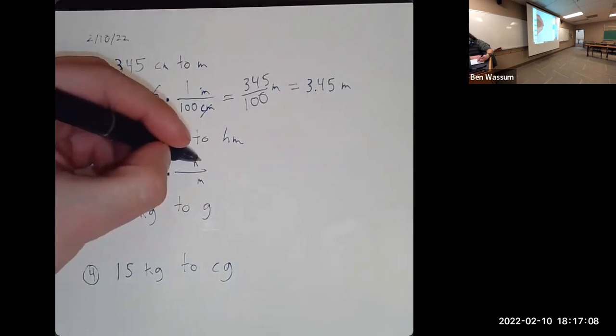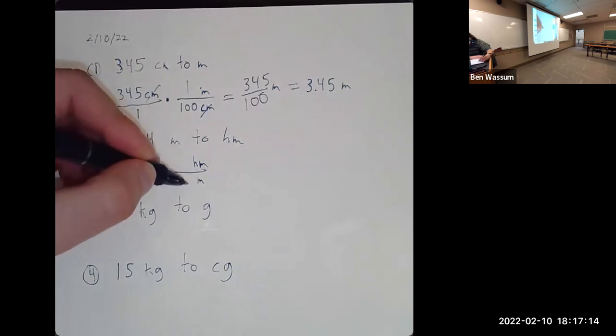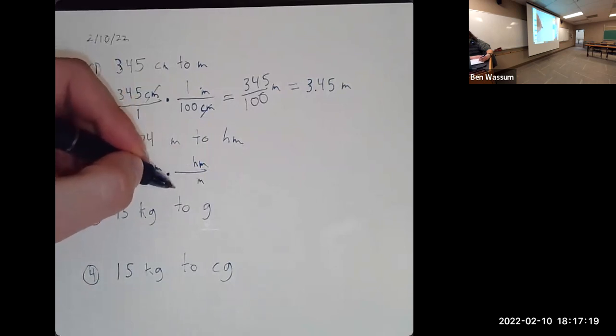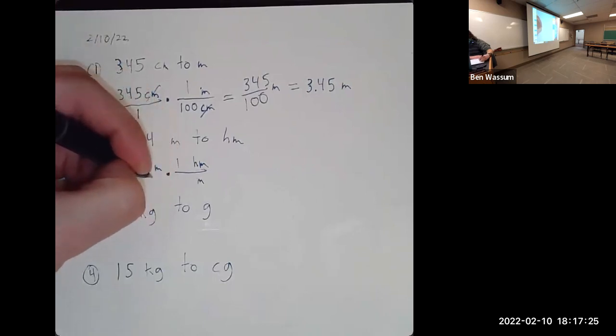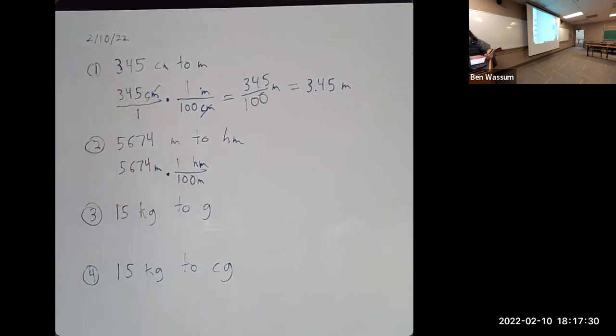We're converting to hectometers. At this point, you can fill in what numbers need to go here. However many hectometers are in a meter, or vice versa, how many meters are in a hectometer? Well, 1 hectometer is 100 meters.